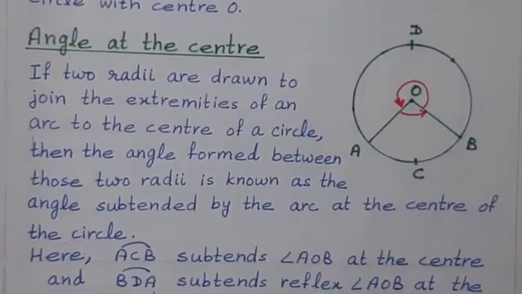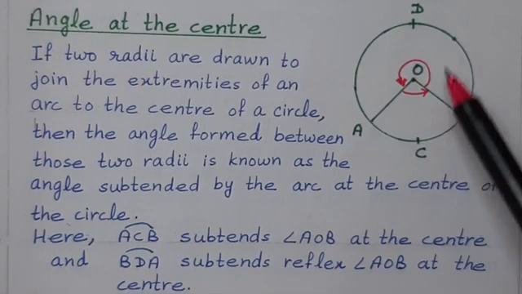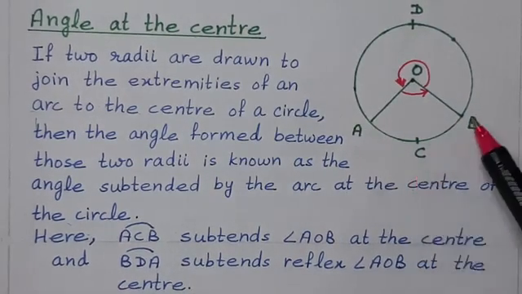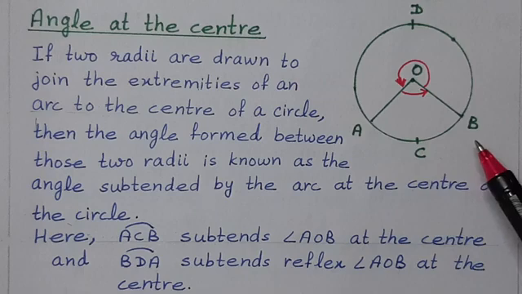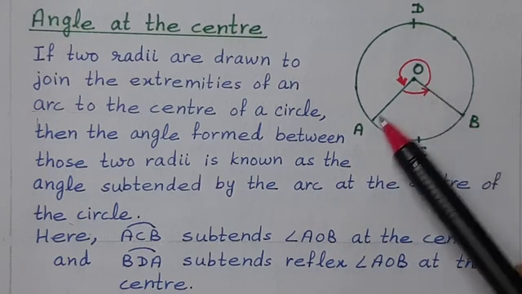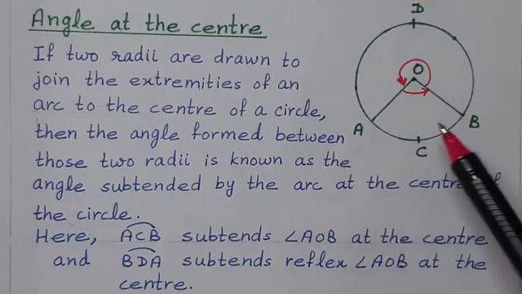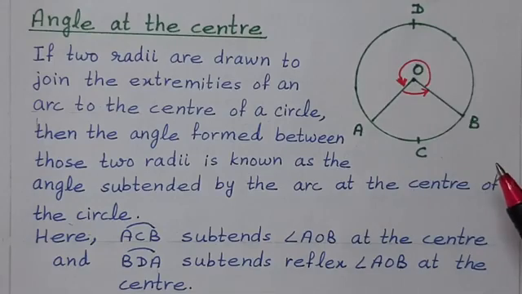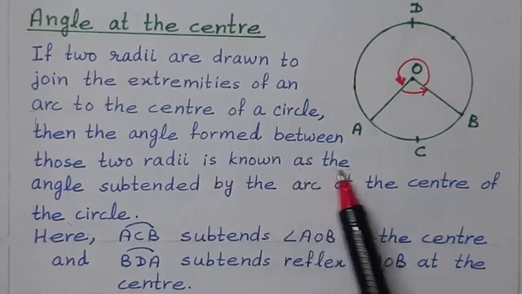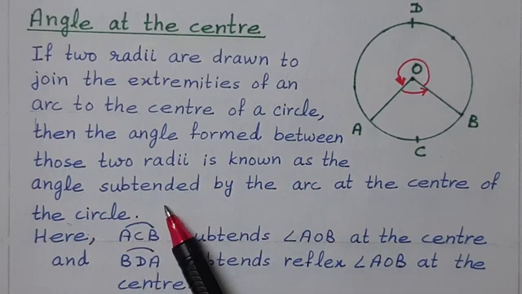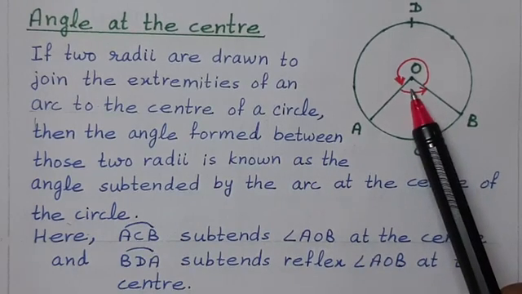Okay, now next is angle at the center. Now let us see what is angle at the center. Now we can see in the diagram we have A, C, B, D are the points lying on a circle. So if 2 radii are drawn to join the extremities of an arc at the center of the circle, then the angle formed between those 2 radii is known as the angle subtended by the arc at the center of the circle.